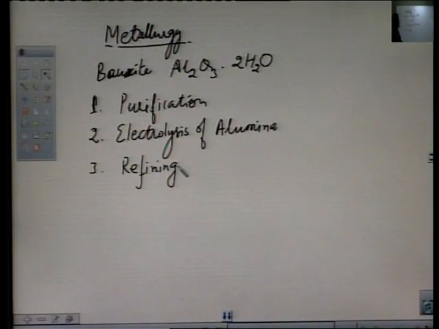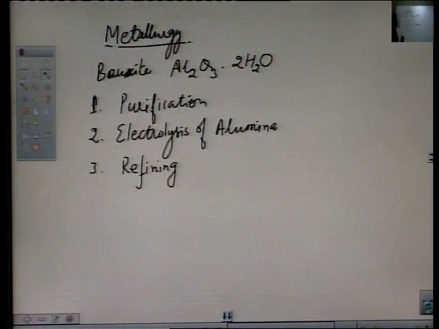So, these are the processes of metallurgy: first purification is done, then electrolysis of alumina, and then at last refining is done.